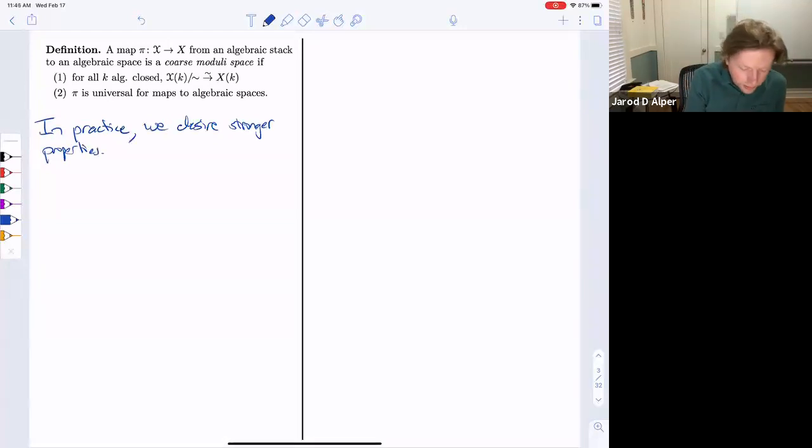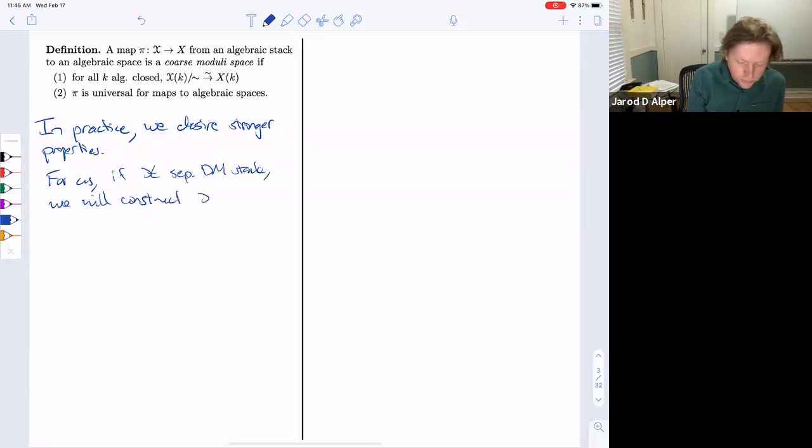So for us, if X is a separated DM stack, we will construct a coarse moduli space satisfying additional properties.